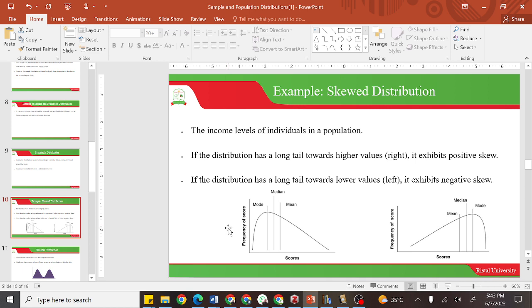A positively skewed is when you have the tail, the long tail of the curve being towards the higher values on the horizontal axis. When we have the curve, the tail tending towards the lower values, then that is a negative skew. So that pattern is actually not symmetrical.